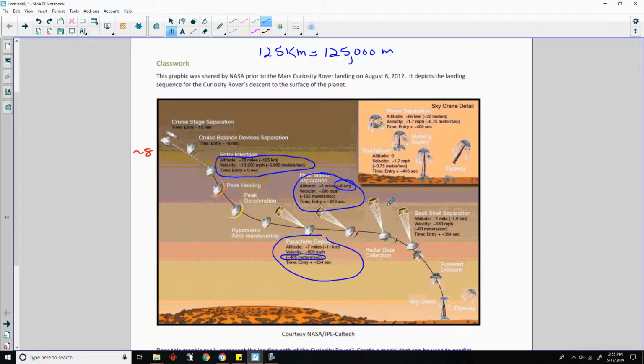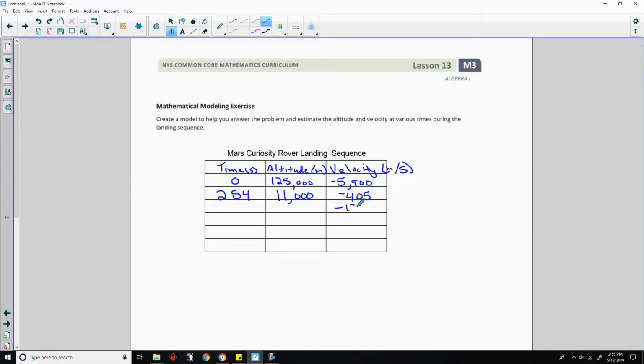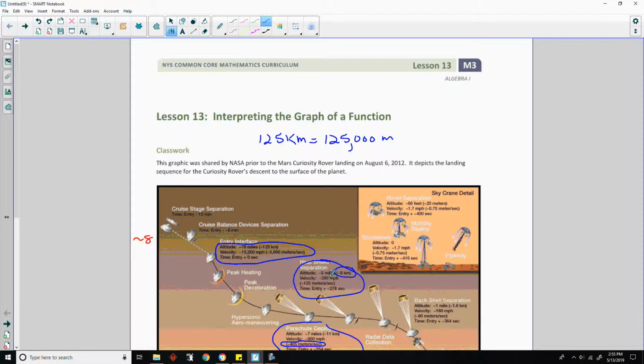The altitude is 8,000 meters, seconds is 278, and velocity is negative 125. So velocity is negative 125, 8,000 meters, and the time was 278 seconds.